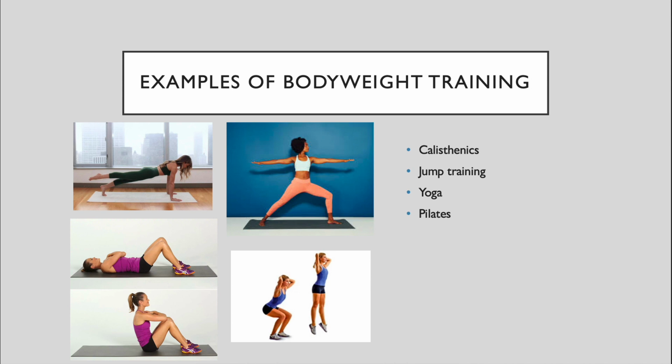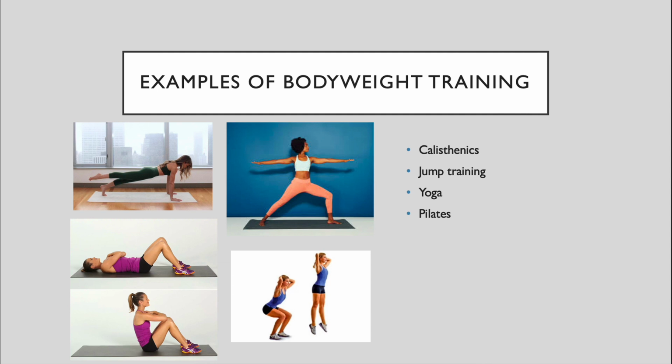So with body weight training, this would include things such as high intensity interval training with exercises like jump squats or split squat jumps. While calisthenics and jump training would be higher intensity exercises, you could also include exercises like yoga, which emphasize the mind-body connection, as well as Pilates, which emphasizes mind-body connection in addition to core strength, balance, and flexibility.